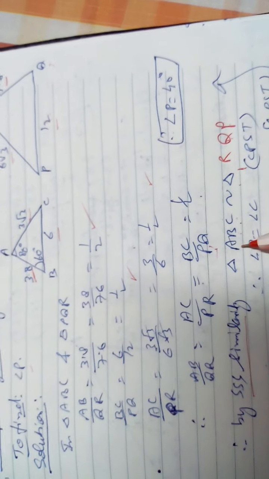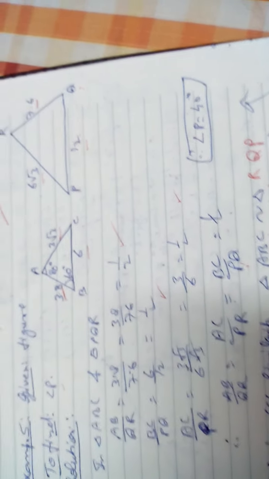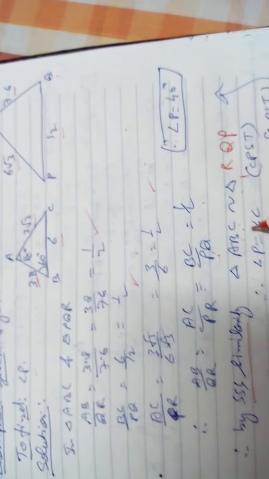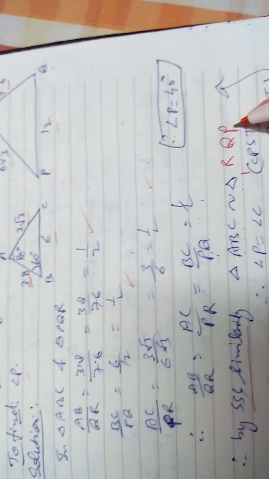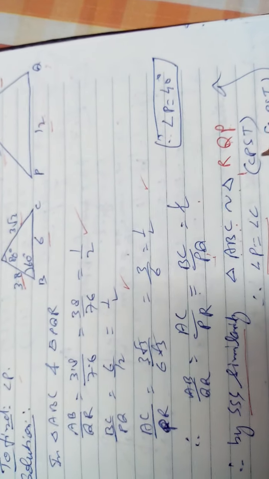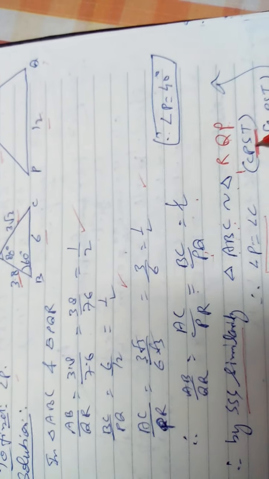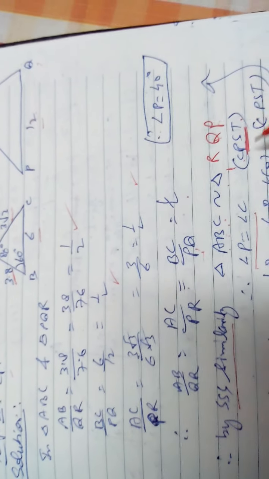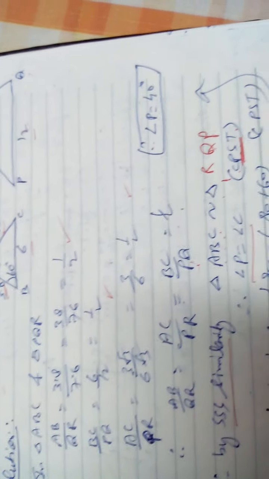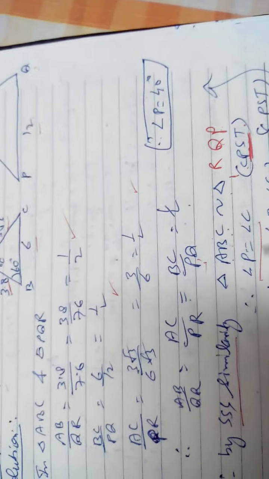Now corresponding parts of similar triangles are also equal in ratio. So you want P is equal to C by CPST. What is the meaning of CPST? Corresponding part of similar triangle. And CPCT, corresponding part of congruent triangle. Similar triangle, you are getting C. So calculate C. C is not given.